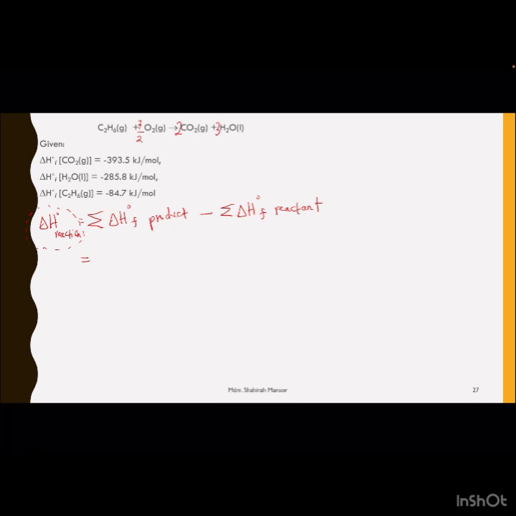So in the products part, we have water and carbon dioxide, and you may refer to these 2 given values. These are enthalpy of formation values for water and carbon dioxide in kilojoule per mole. So what does it mean by enthalpy of formation of carbon dioxide equals negative 393.5 kilojoule per mole?